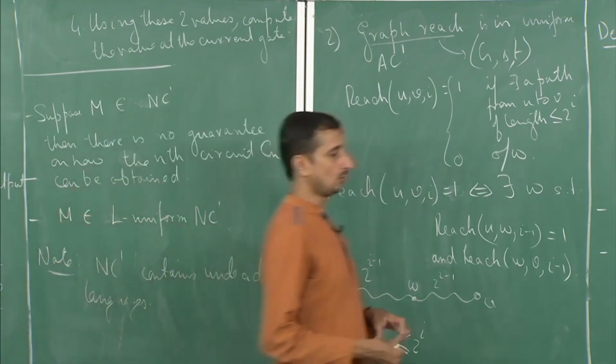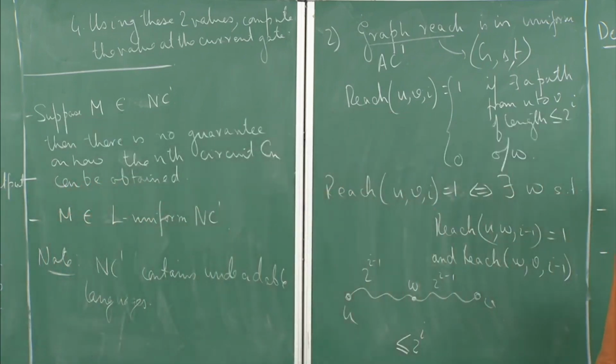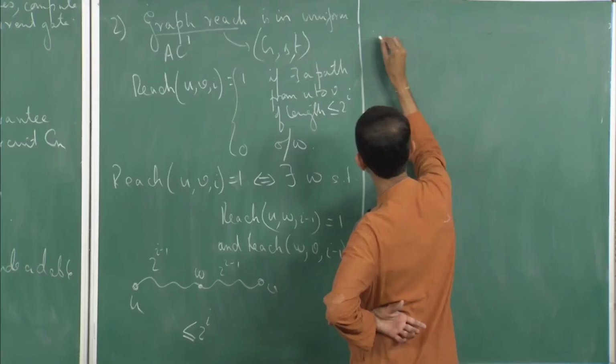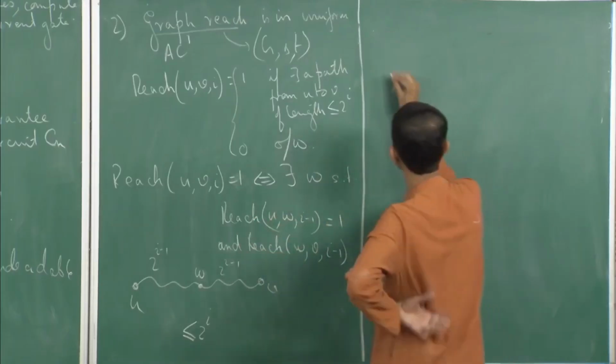So, now it is easy to see how we can compute this circuit. So here is a circuit for reach. So how do you do the circuit? We can write essentially just encoding this.